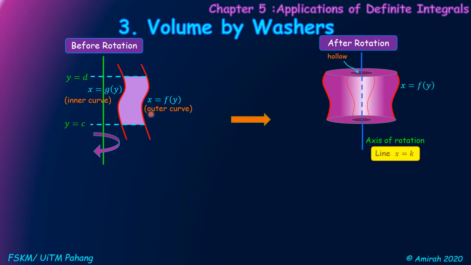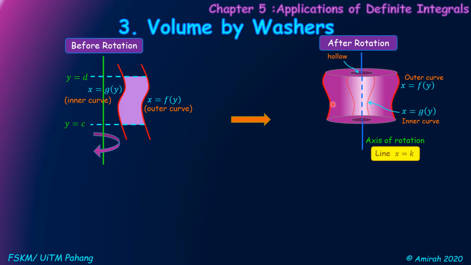The right curve here is called the outer curve, and the left curve here is called the inner curve. Under volume by washer, we do not use right curve and left curve, but we use outer curve and inner curve, because after rotation, if we use the right curve, the curve will end up here.